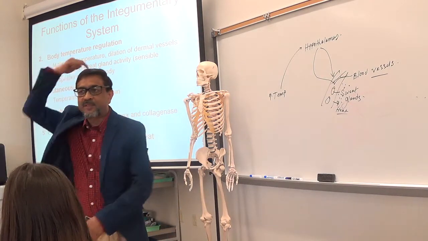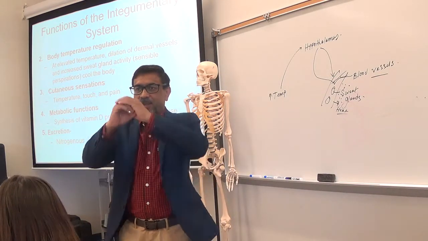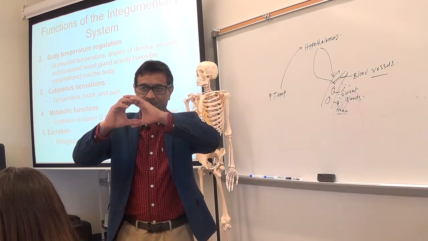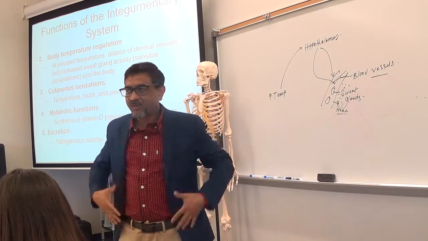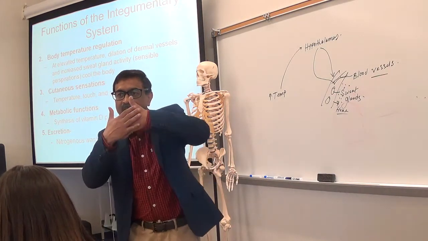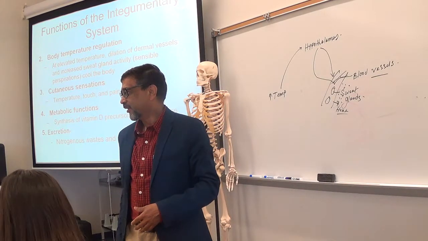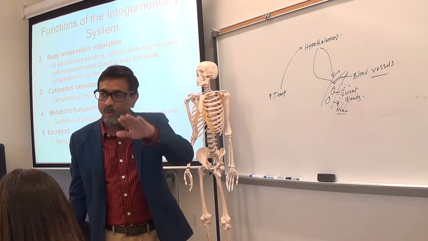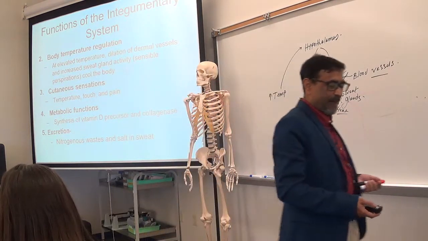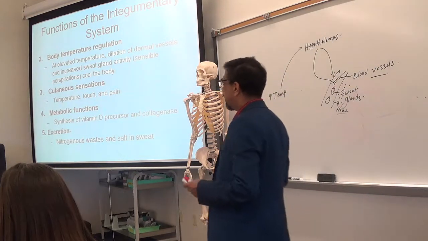If hypothalamus sends signal to the blood vessels of your skin everywhere and dilates the blood vessels, then more blood will circulate in the skin. Make sense? More blood will flow, and from the blood heat will easily get out through the skin. Okay? So that is another way skin lowers the body temperature. So those are two ways. One is by sweating, another is by increasing blood flow in the body surface.